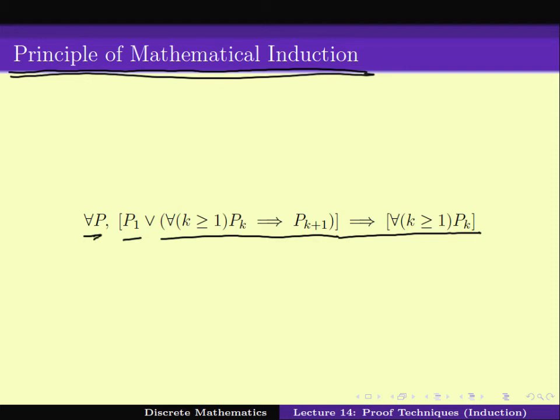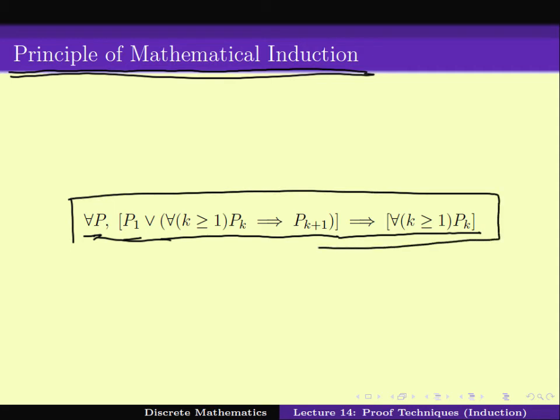So this is an axiom in the mathematical framework, and one might argue whether this axiom is right or wrong, but there are a lot of mathematicians who accept this as a reasonable axiom, meaning this statement is true. We call this the principle of mathematical induction.